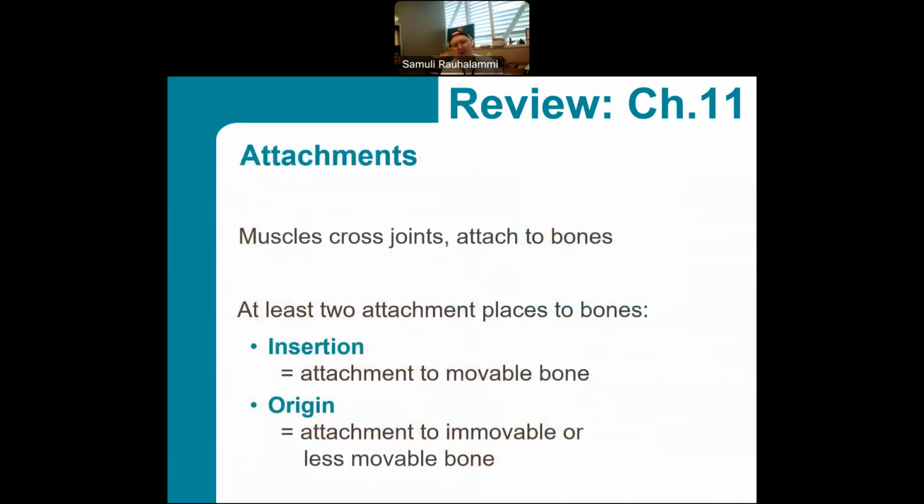Often when we talk about muscles and how they attach and cross joints to control the movements of the joints, the textbooks will talk about origins and insertions, origins being usually more proximal attachments, and we are seeing that these are to the immovable or less movable parts of the body, whereas insertions are usually more distal attachment points to movable bones.